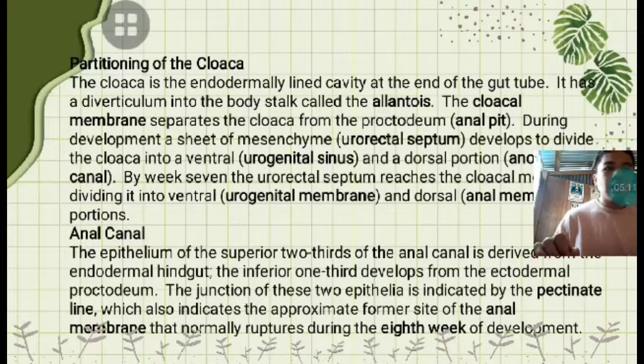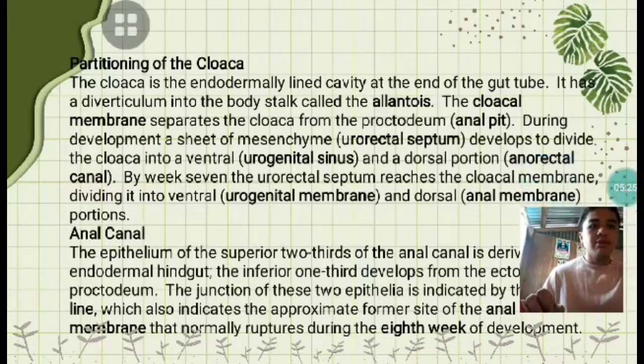During development, a sheet of mesenchyme, the urorectal septum, develops to divide the cloaca into a ventral urogenital sinus and a dorsal anorectal canal.